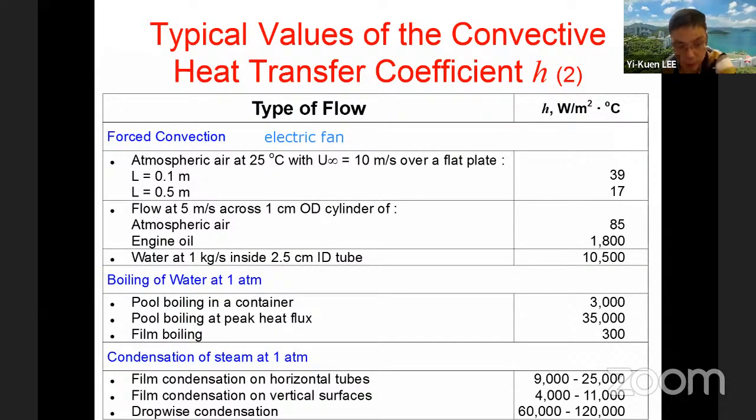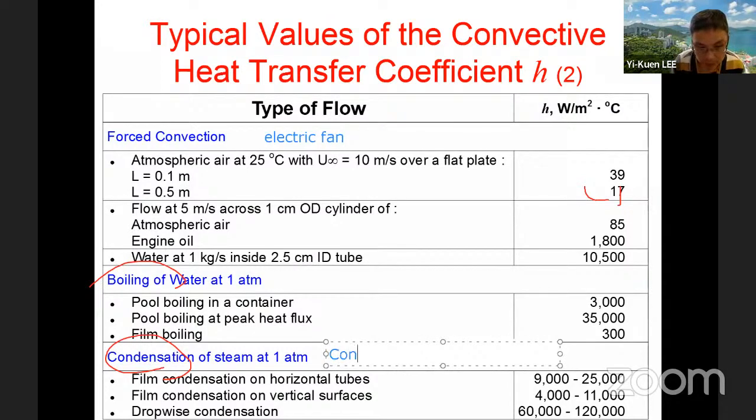But if you have phase change, you see, it's important for you to look at this number and this one, boiling and condensation. Do you see the difference? This is typical, but if you have phase change, like I show you two components. One is the condenser, which is condensation, and another is the evaporator, from liquid to vapor, boiling.